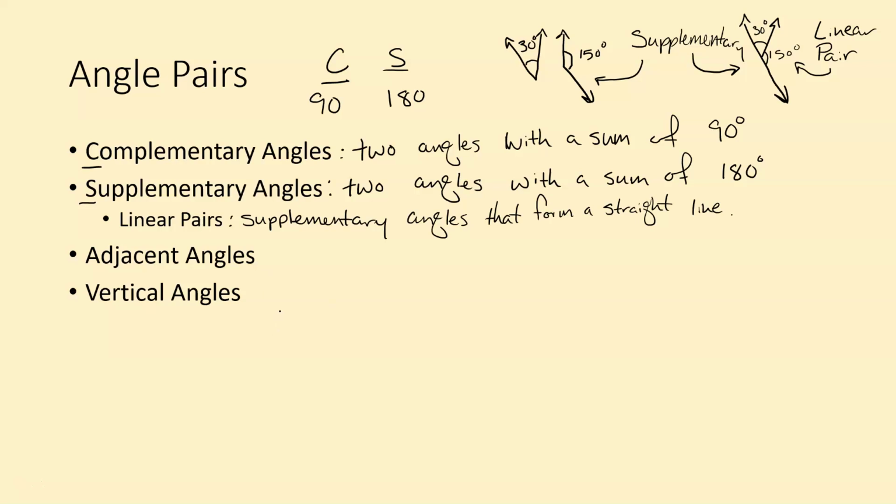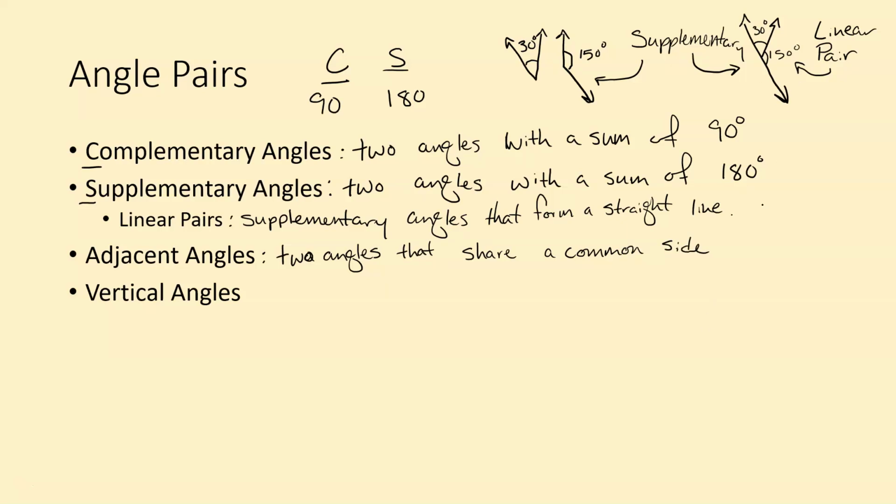Now, what do we call angles when they are attached to each other? We call them adjacent angles. Adjacent angles are two angles that share a common side.